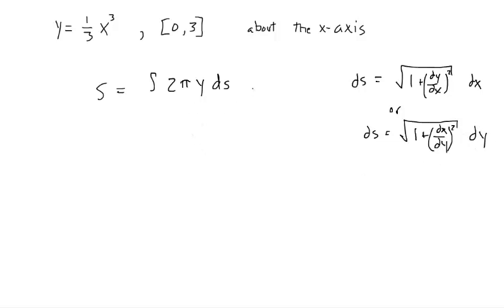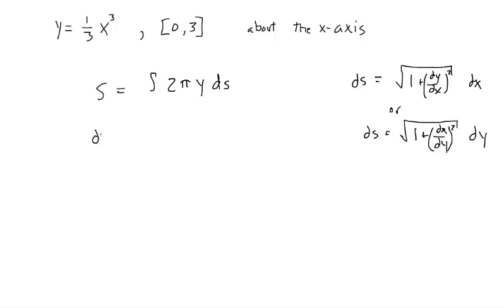So in this case, we're going to use the first one. So we have 1 plus dy dx squared dx. Because we're in y is equal to, there's going to be x variables in our integral, so we need the dx. I'm going to start the same way we did with arc length. I'm going to figure out 1 plus dy dx squared and then plug everything in.